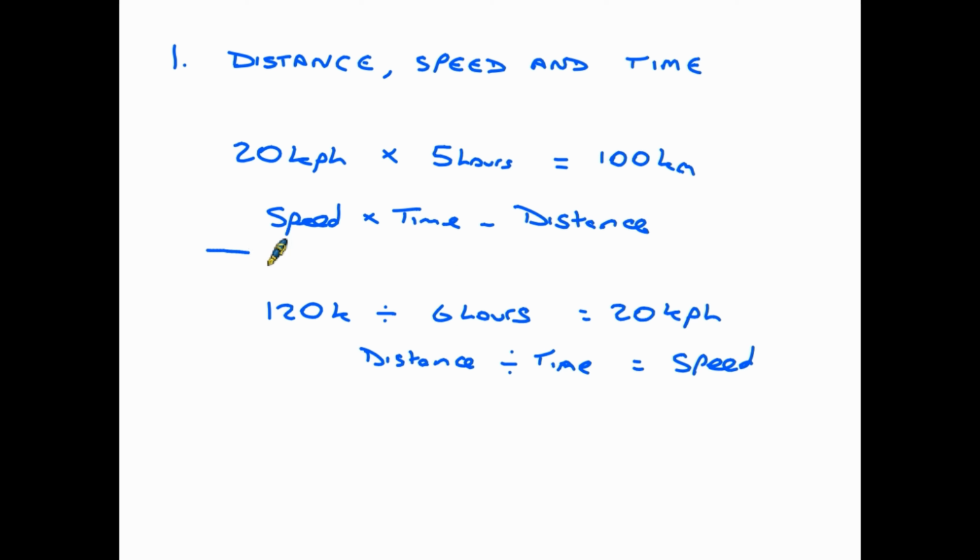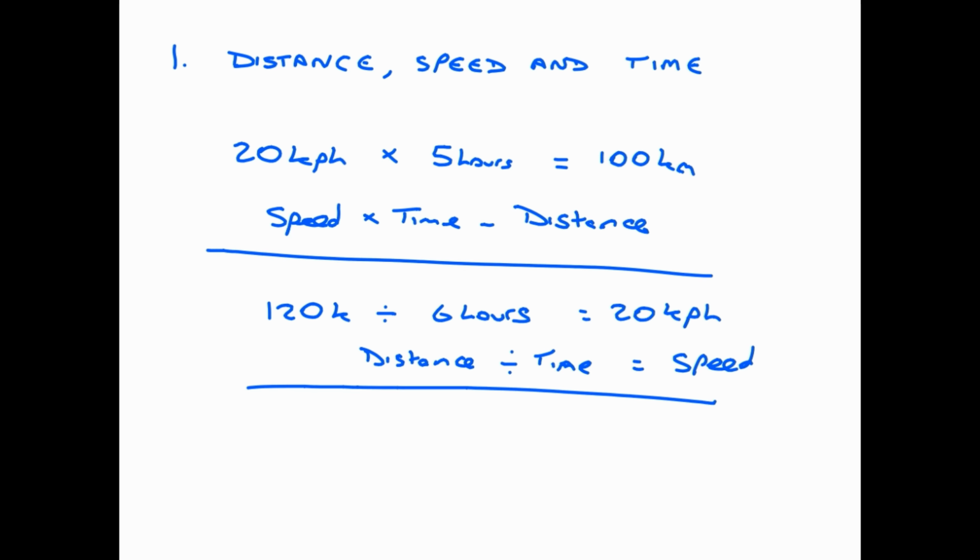And there is a third one to look at using these same three, and that is where we look at the distance. Let's say we have travelled 200 kilometres, and we know that our average speed was 40 kilometres per hour.